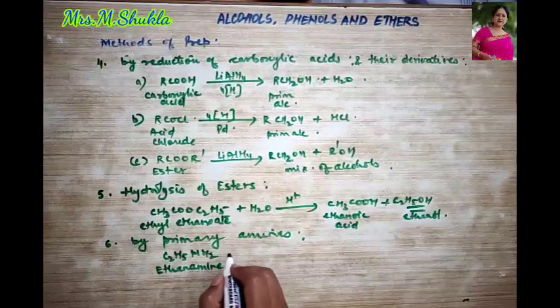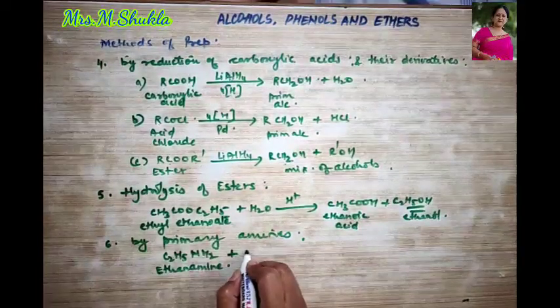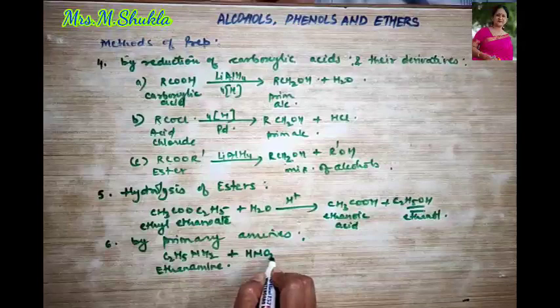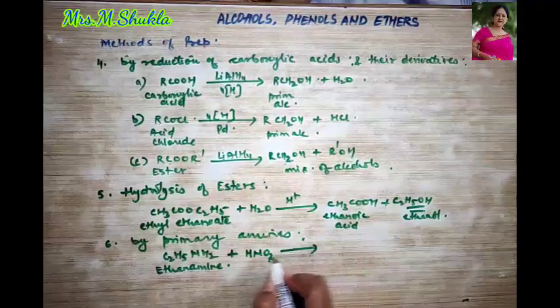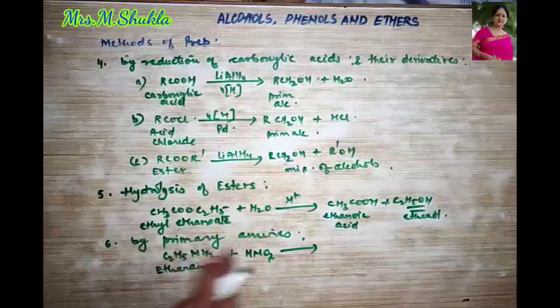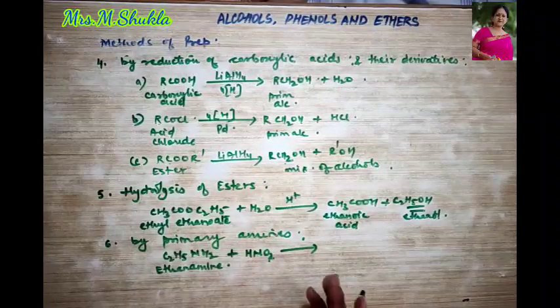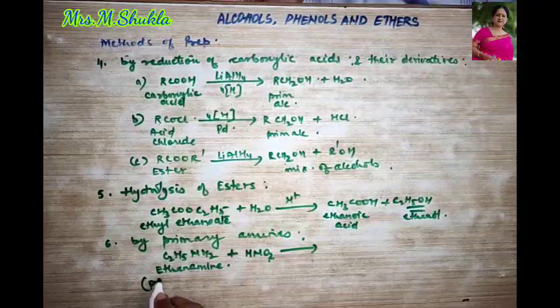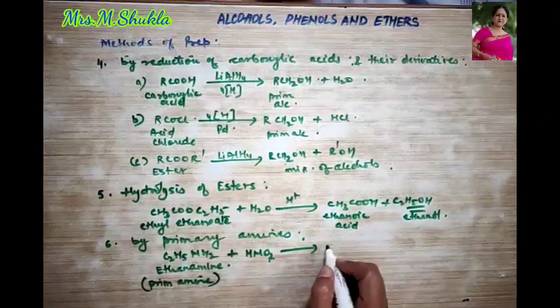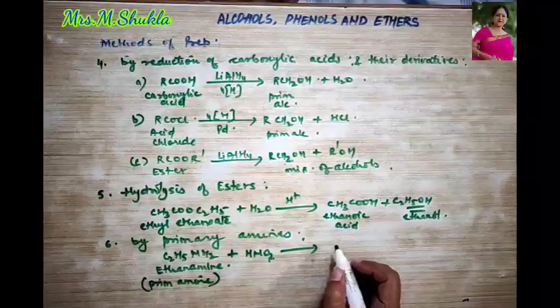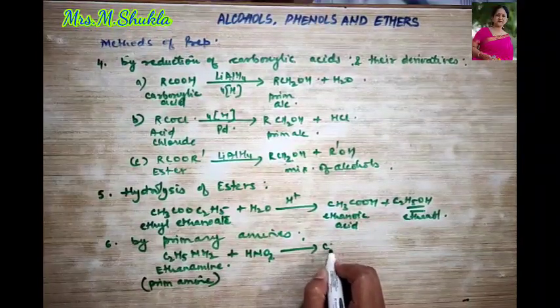This, when treated with nitrous acid, that is HNO2. What is this? This is your nitrous acid. Primary amine will always give you primary alcohol. This is your primary amine, which is also going to give you a primary alcohol. So what is your primary alcohol?